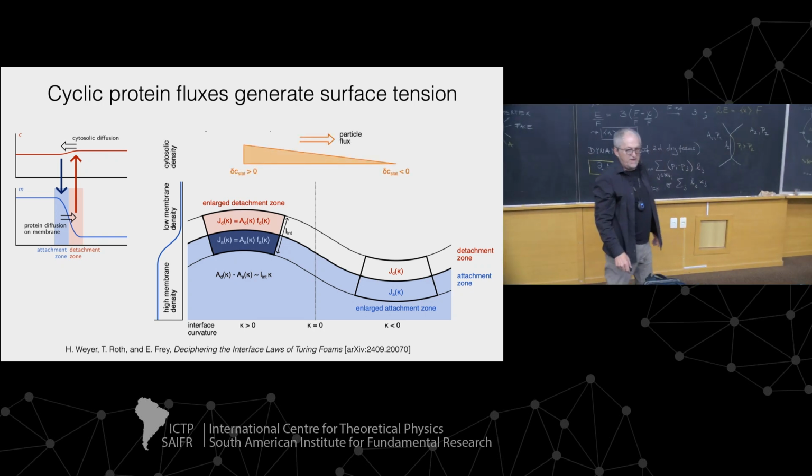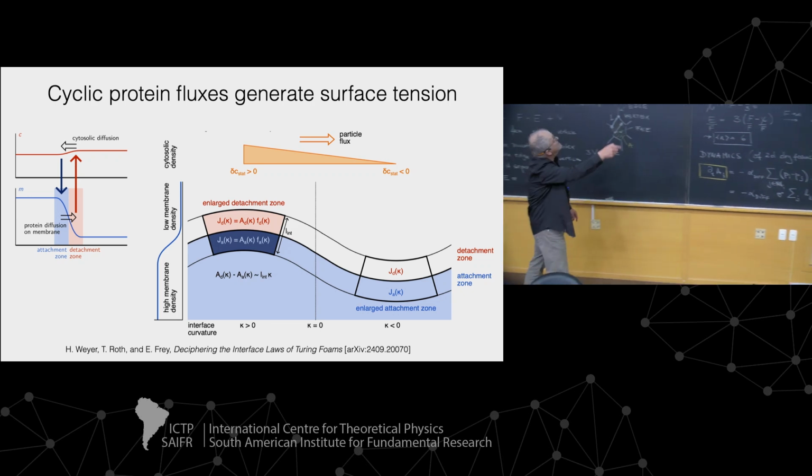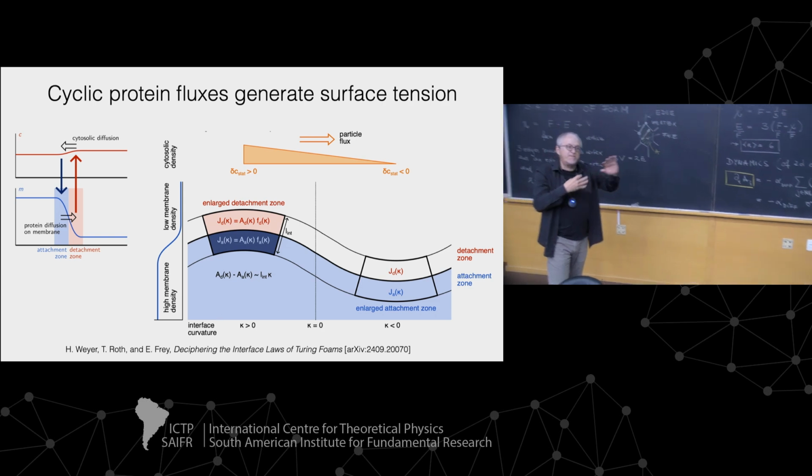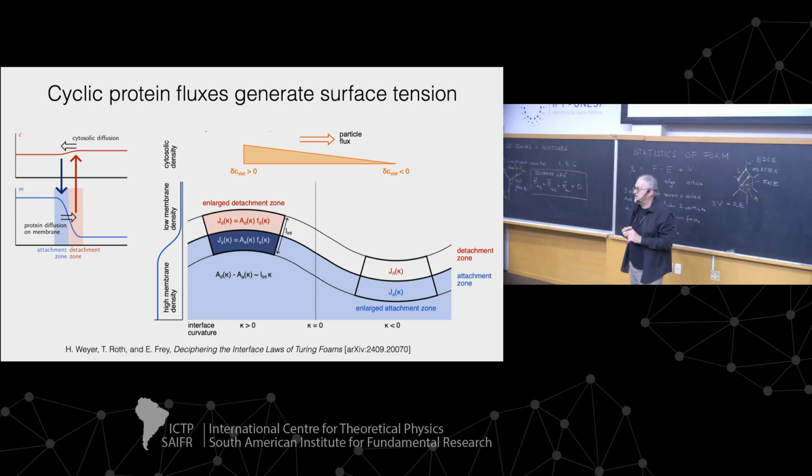Right? So there will be a gradient from a higher cytosolic concentration to a lower cytosolic concentration. So far, so good. And that's a simple fact of the currents maintaining the interface and the geometry deforming the interface and thereby changing the balance between the currents.